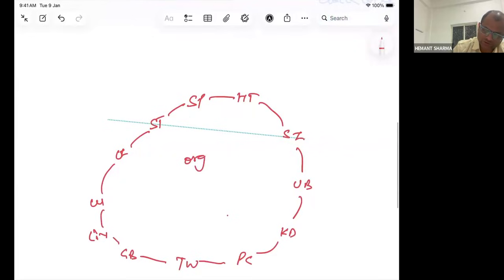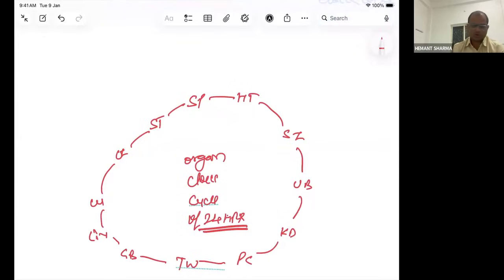So in this way also, we can make this organ clock cycle of 24 hours. The timing of lung is morning 3 to 5 a.m. So the timing of lung starts from morning 3 to 5 a.m.